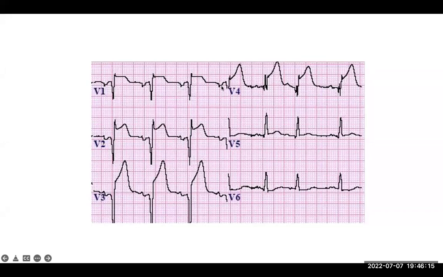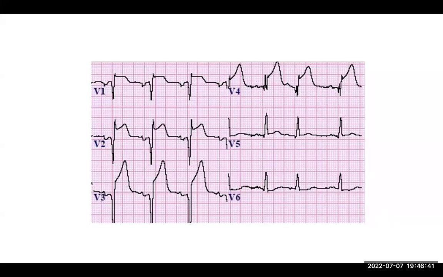Even if you say anterior ST segment elevation, or if you call it anteroseptal, why we call it anteroseptal is because V3 and V4 are involved. Those are anterior leads. V1 and V2, as I've shown you earlier, are septal leads. So when you combine the two, you can call it anterior ST segment elevation. So I repeat, for the septal or the anterior, you concentrate on V1, V2, V3, V4.